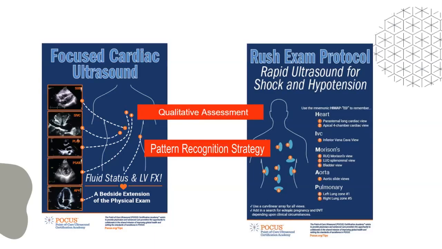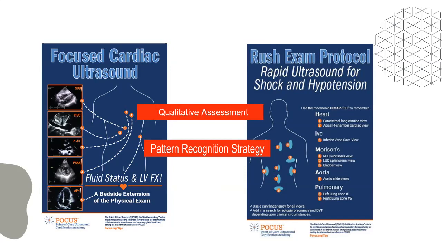When a hypotensive patient comes into your ED resus, you look at the clinical examination, you look at the history, and then your ultrasound is right there. You can use your ultrasound. This only takes a few minutes. You have something called the RUSH exam protocol. For the RUSH exam protocol, you look at the heart, your IVC, your abdominal cavity, your aorta, and your pulmonary.